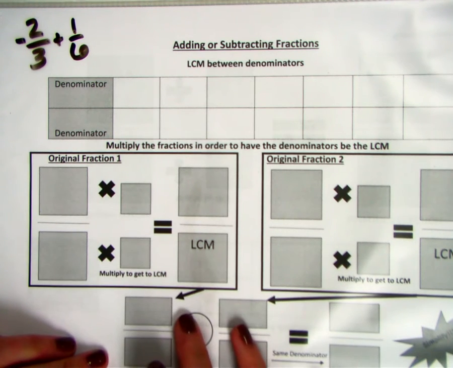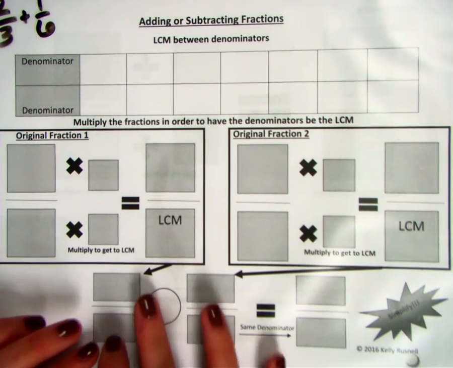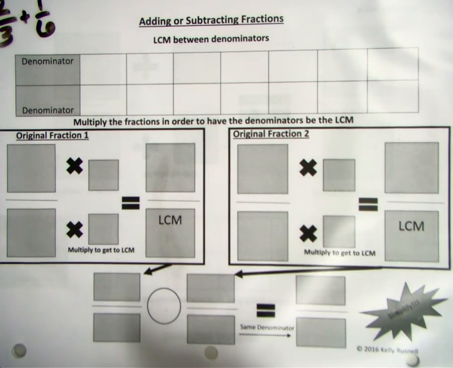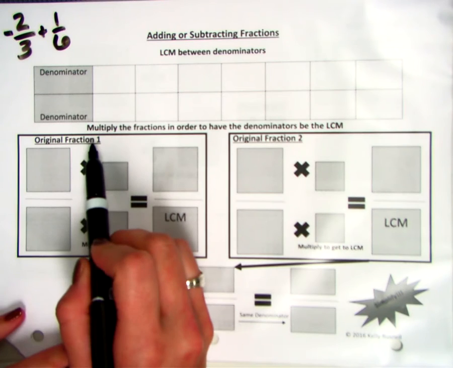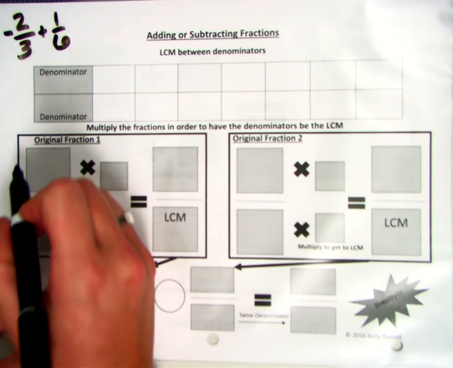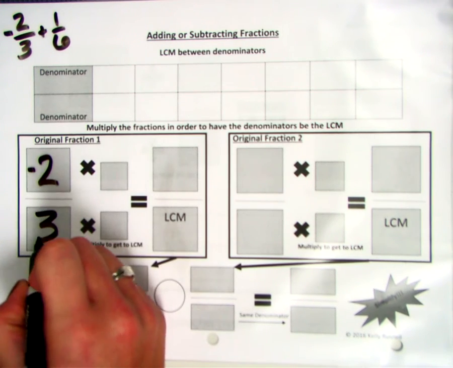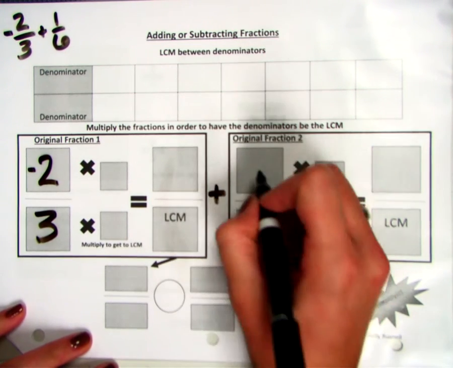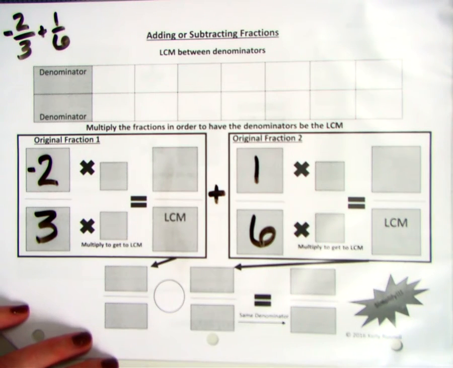Then we need to write in our original fraction. We have a negative 2/3 plus a 1/6, and you should have that written down.